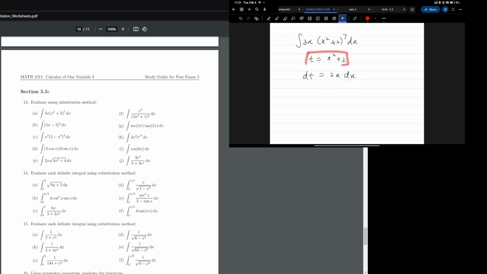The first part replaces the complicated part, and the second part replaces this dx with something over dt. Once I have found a replacement for t, the rest of this stuff I have to arrange in some way to get rid of the x and the dx over here. So let's work on it.